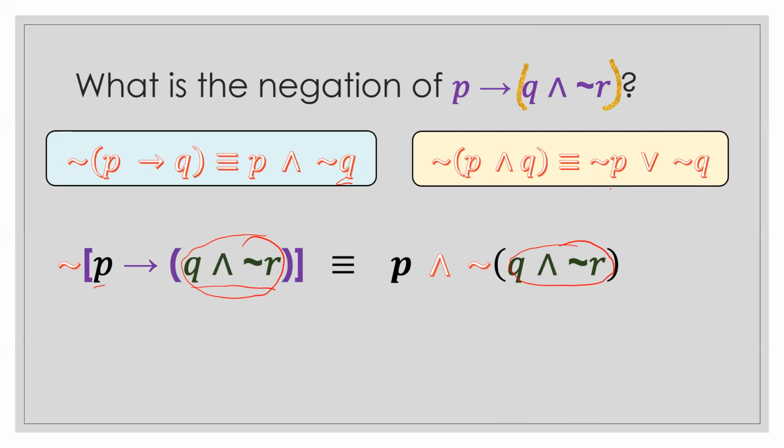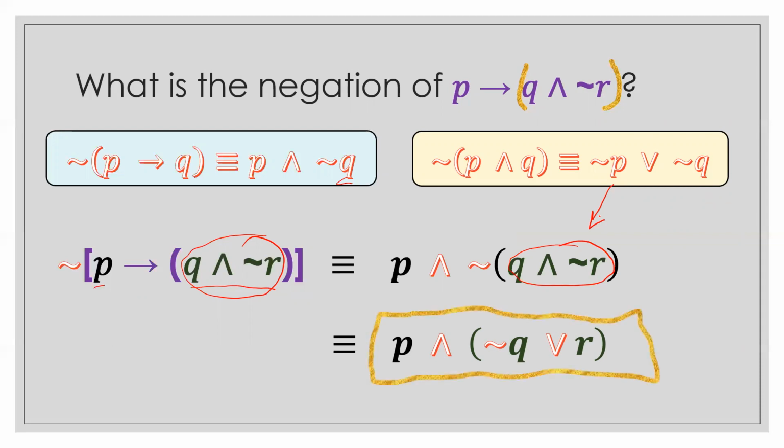And the negation of an and statement is an or statement, so that will turn out to be not Q or R. And that is how that works. Okay, that's it for today.